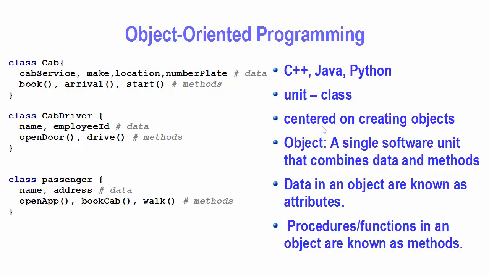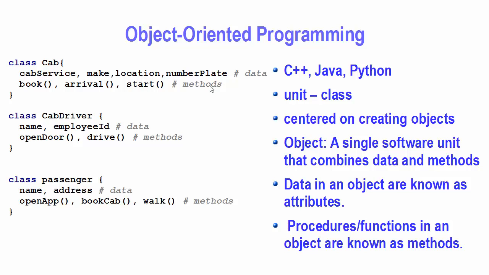So let's rewind once again what we have learned about object-oriented programming. The basic unit in object-oriented programming is a class, and a class refers to a blueprint which can have data and methods. Using a class we can create objects.